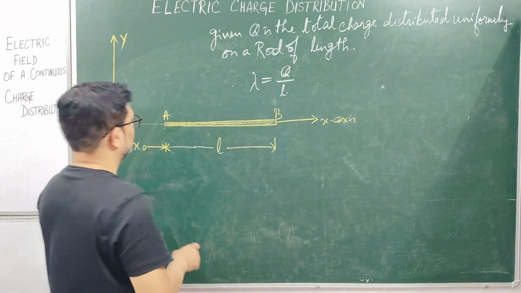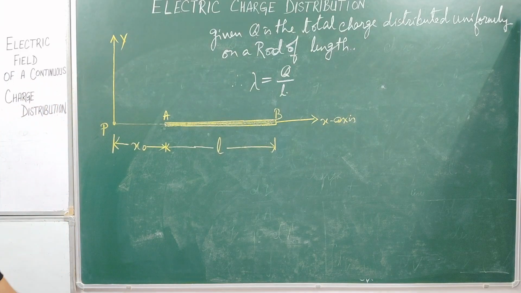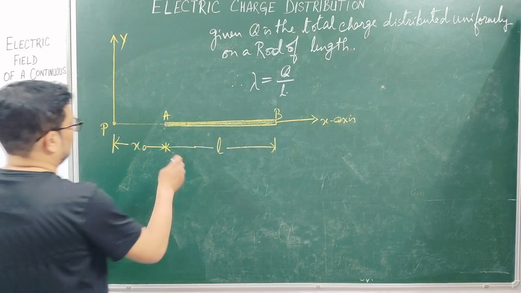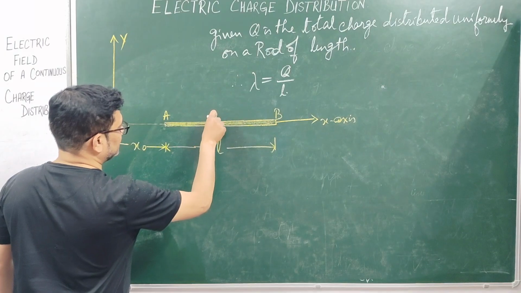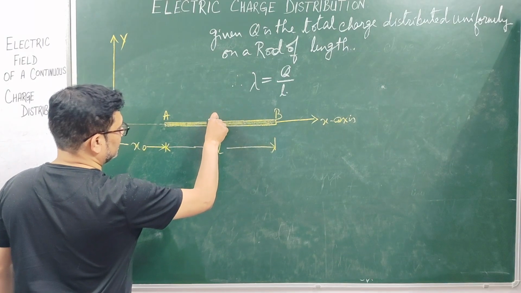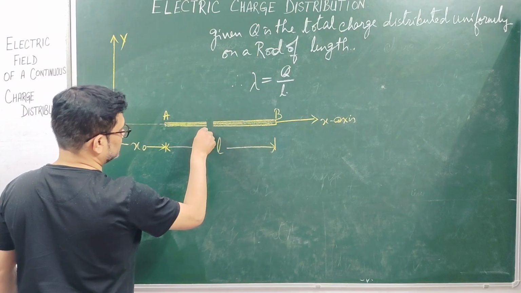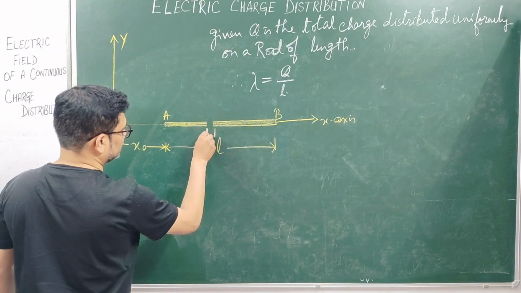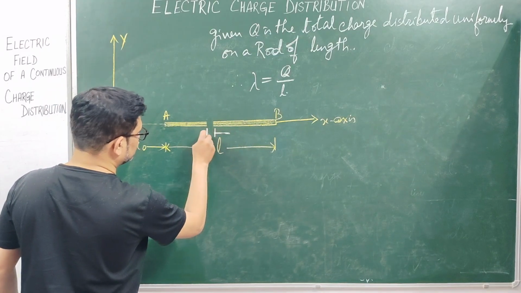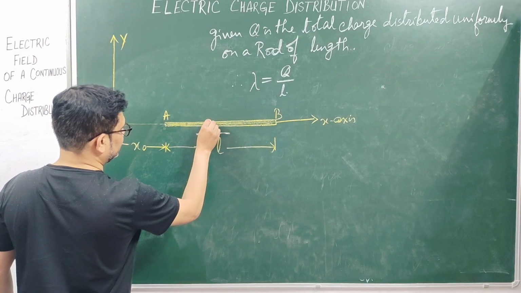Also, we need to find the differential length. In the differential length dx, what is the dq? What is the elemental charge? Now suppose here we take dx.